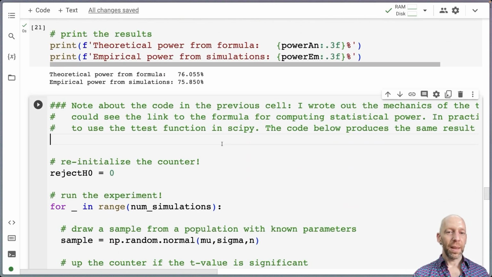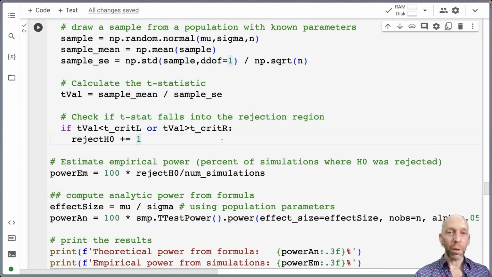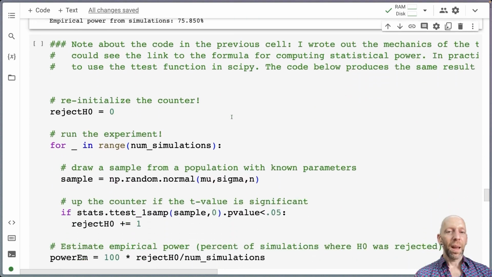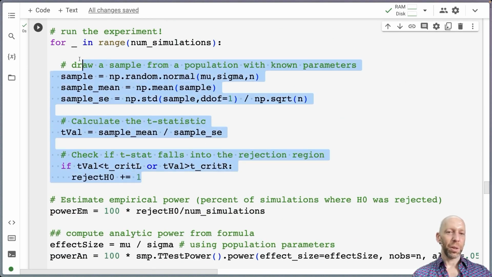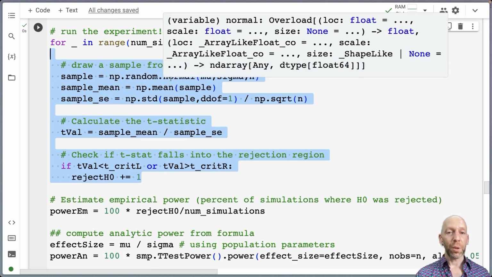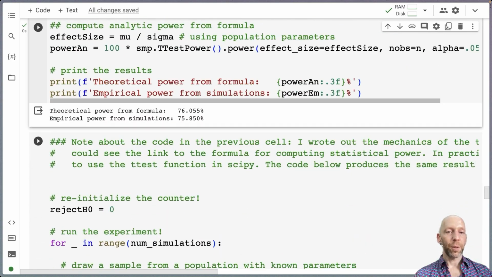This code cell here is exactly the same as this code cell, or the result is exactly the same. It's just that up here, I wrote out a lot of extra code because I really want you to understand the concept of rejecting the null hypothesis based on the relative position of the observed t-value to the critical t-values.